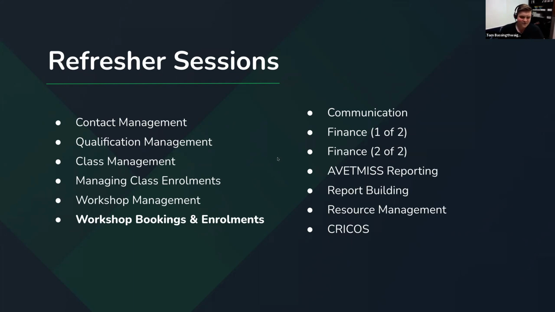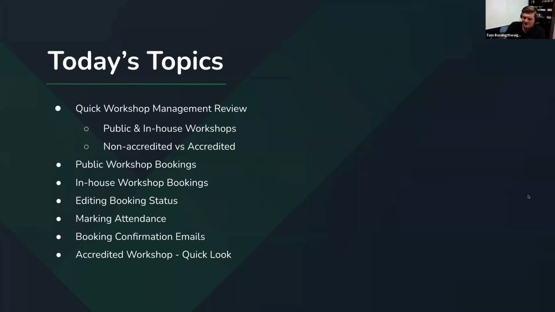Okay, guys, now what are we going to be looking at today? We're going to start off with a very quick refresher or review of what we covered in that previous session, just in case there's anyone with us today who isn't too familiar with it. We'll then be looking at how to handle workshop bookings for public workshops and then in-house workshops.